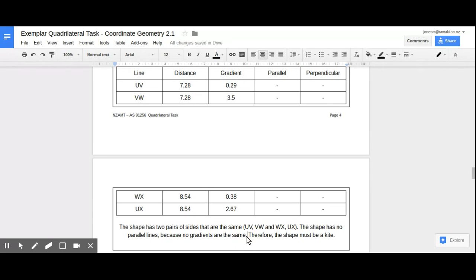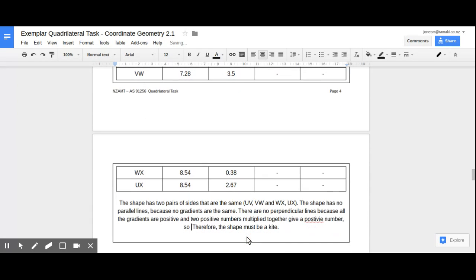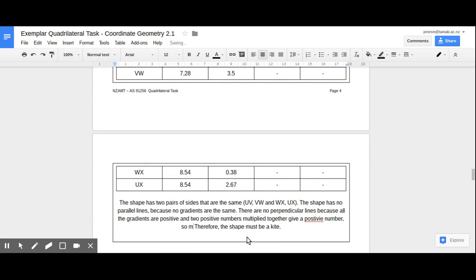I'll put this in here. There are no perpendicular lines because all the gradients are positive, and two positive numbers multiplied together give a positive number. So M1 times M2 is not equal to -1.